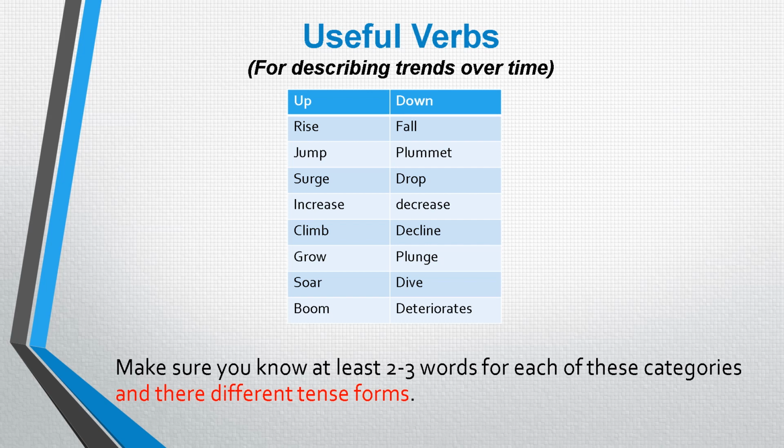And similarly to going down, they could indicate a fast pace of decrease, like fall or plummet, and some of them indicate a slower decrease, as in deterioration. So make sure you know 2 or 3 of these. You don't need to know all of these. It's far better to know 2 or 3 really well rather than all of them a little bit.